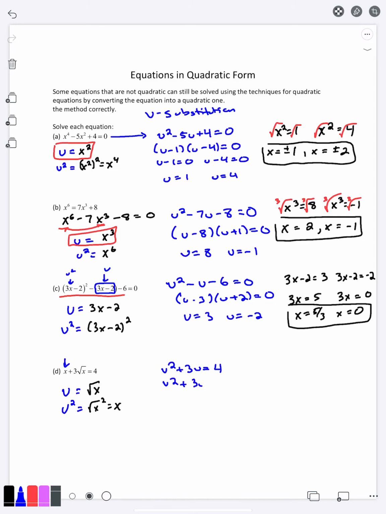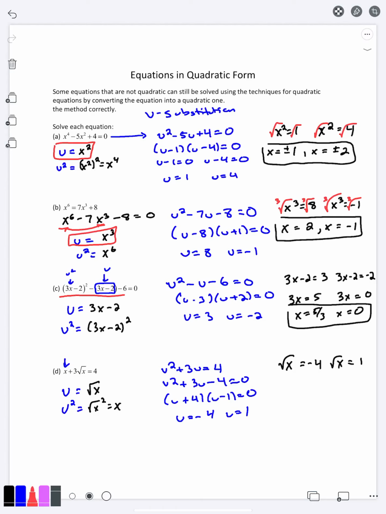And we can go ahead and subtract the 4. We can go ahead and factor this. We get our two values for u there. And then what is our u? U is square root of x. And then normally when we have a square root equals, we square both sides to solve it.